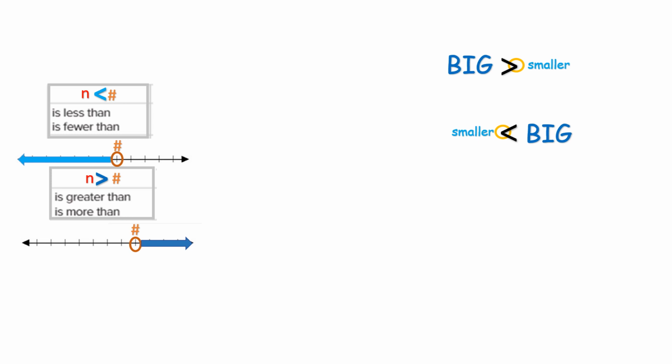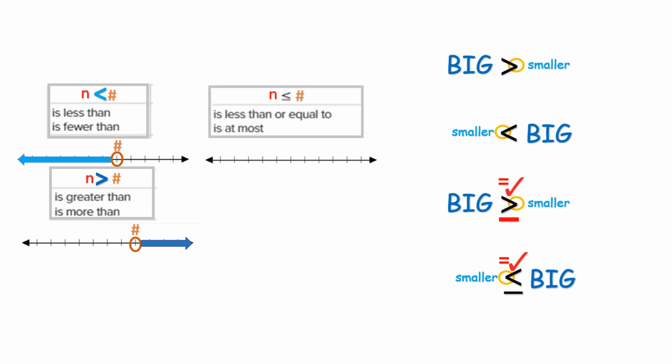Now, what we also saw was getting away from just greater than or less than is that they can also be equal to. So there are times that we have the greater than or less than signs and they're underlined. And that underline indicates that it can also be equal to a particular number. So when we look at that top one there, we see that n is less than or equal to a specific number.